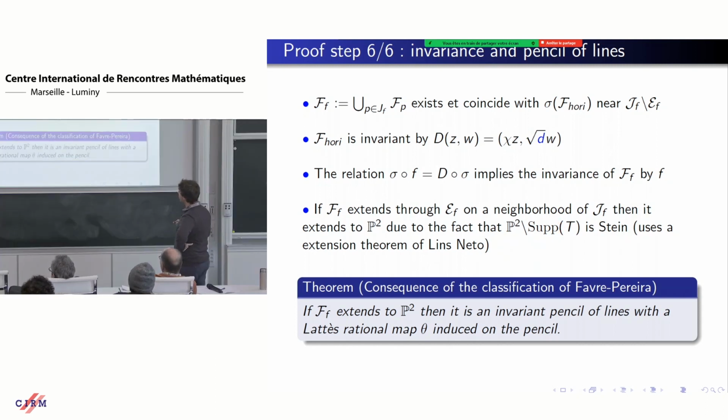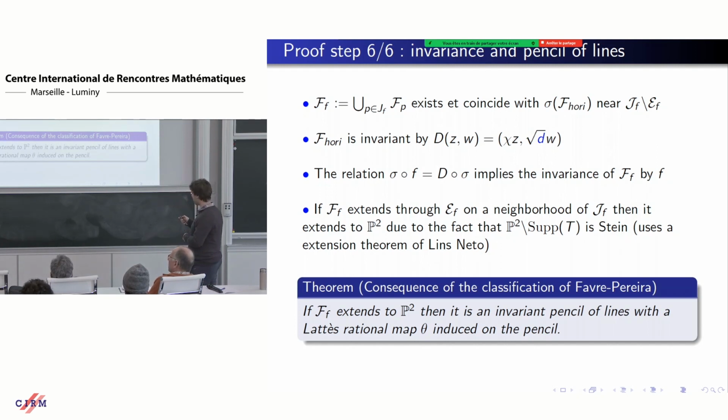Okay? If you have a compact set whose complementary set in P2 is Stein, and if you have a foliation defined on a neighborhood of this compact set, then you can automatically extend the foliation globally on P2. This is what I call the Lins-Netto theorem. And then at the end, you have a global foliation, but using again the Favre-Pereira classification, you can deduce that the only possibility is that you have a pencil of lines, because of the special property I have assumed in the statement of the theorem.